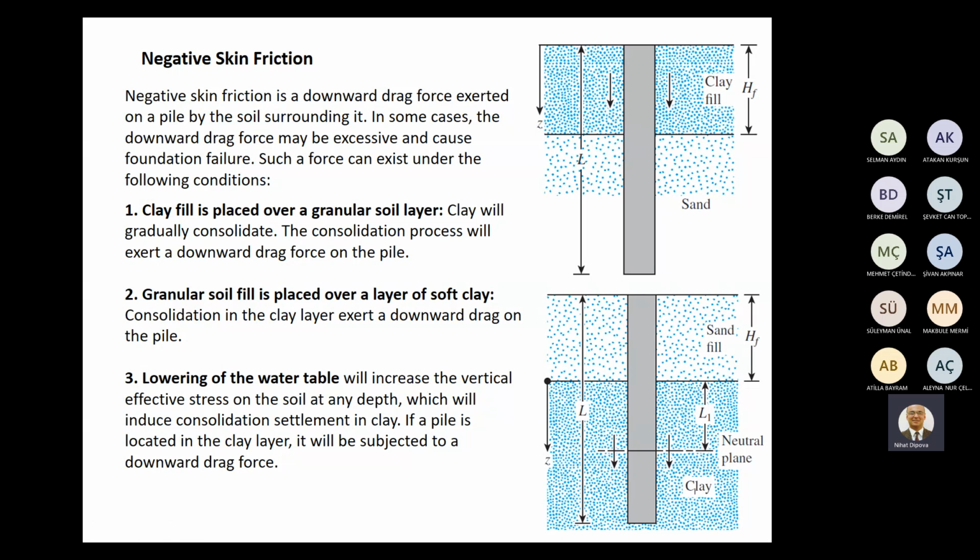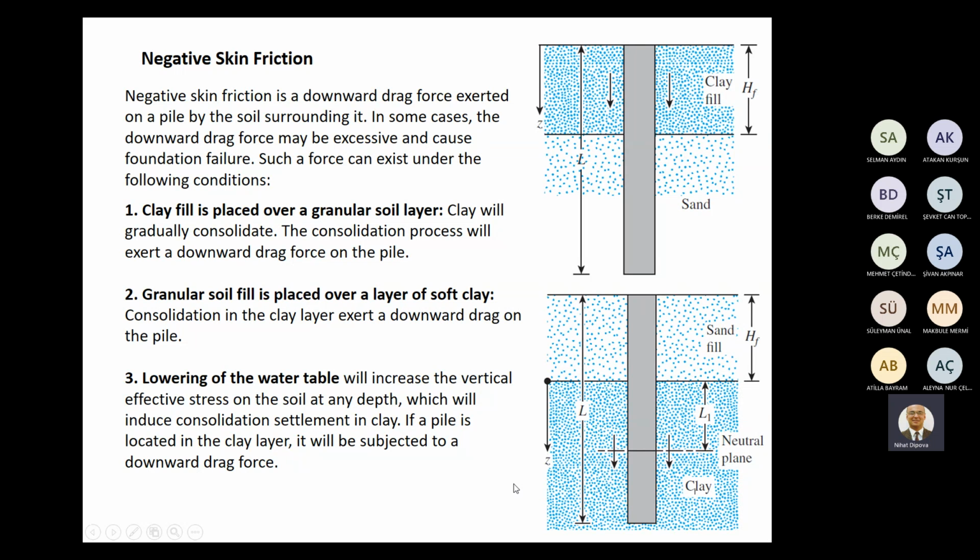In this case, consolidation occurs in the clay layer, due to the excessive load of the granular fill. Consolidation in this clay layer exerts a downward drag on this pile again.